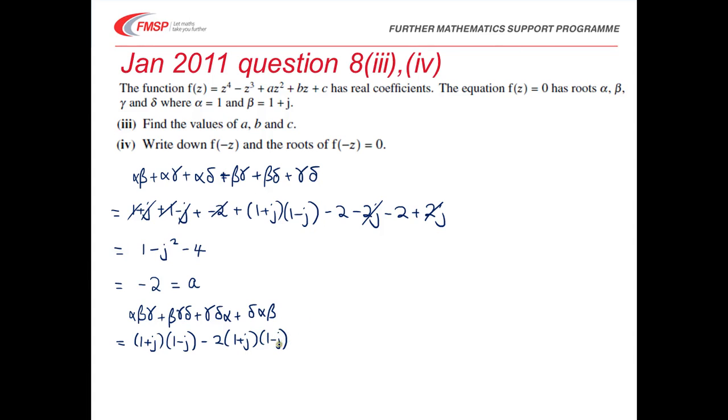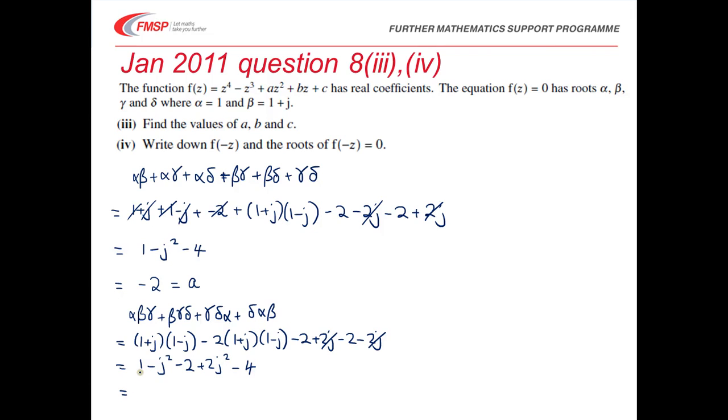Gamma delta times 1 is minus 2 plus 2j, and then delta times alpha times beta is minus 2 minus 2j. That's 1 minus j squared. And the second one is that multiplied by 2, so minus 2 plus 2j squared. And the plus 2j and the minus 2j cancel, leaving me with minus 4.